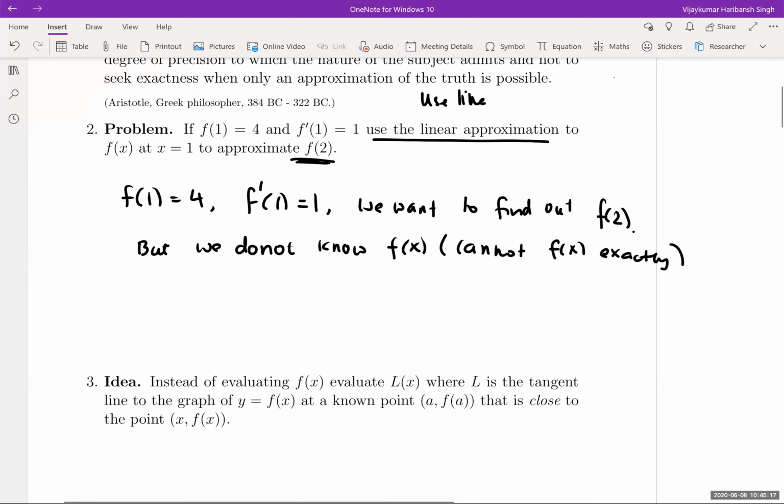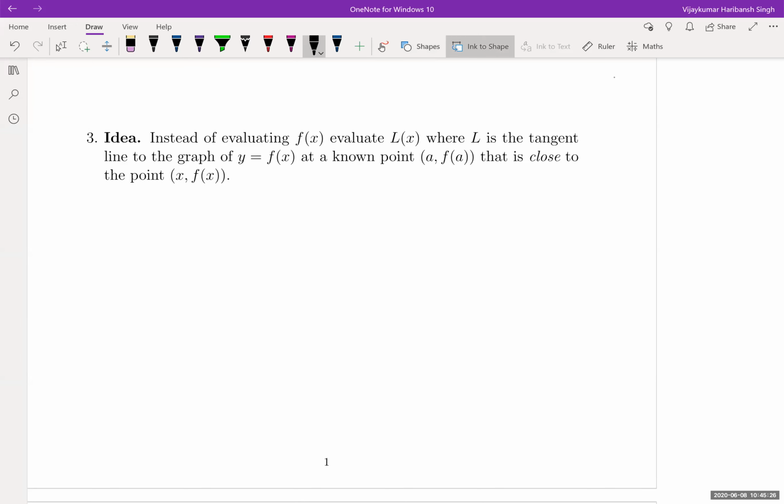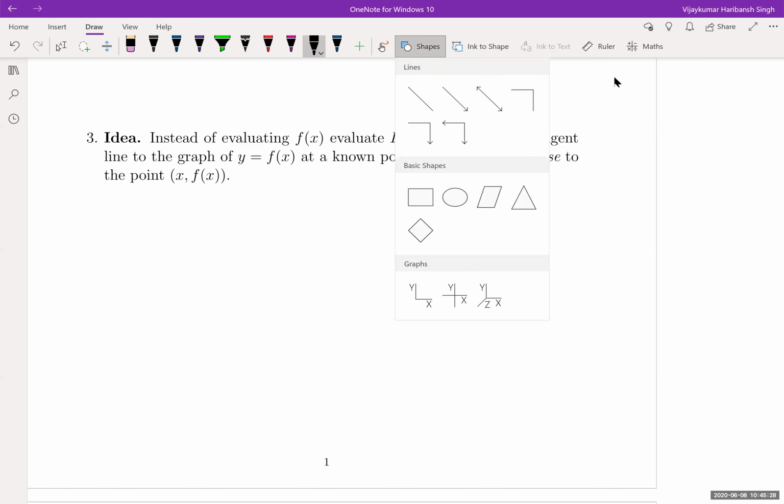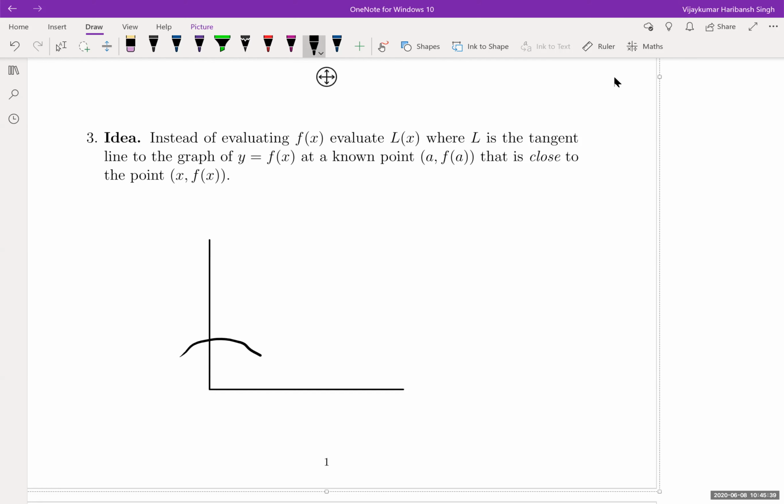So the idea is as follows. You have a function. Let me draw a picture of it. So you have a function which goes somewhat like that. You know the function value at a.